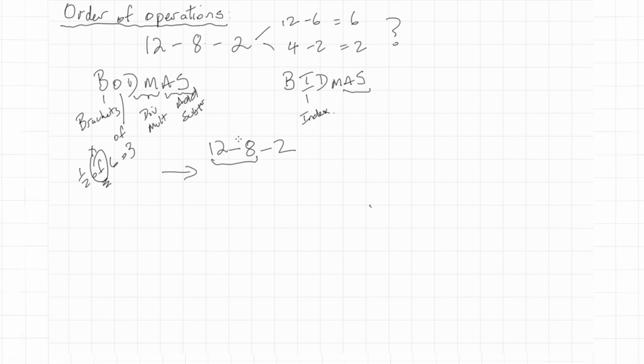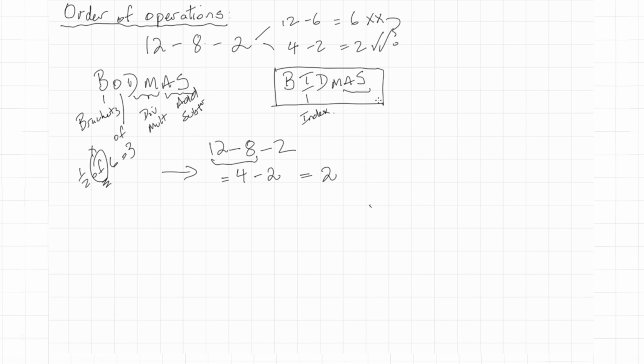So we just work from left to right and do this one first. 12 minus 8 is 4, then we take away our 2, and there is no ambiguity there: 4 minus 2 and the answer is 2. So this one here is correct, and that one there certainly is wrong. BIDMAS, I think, is the best one to remember the order.